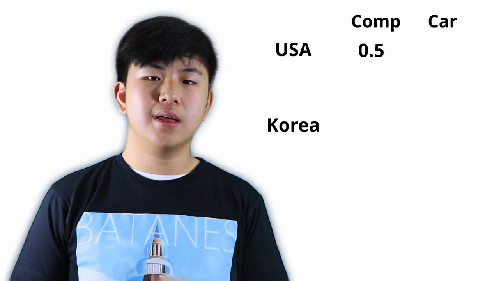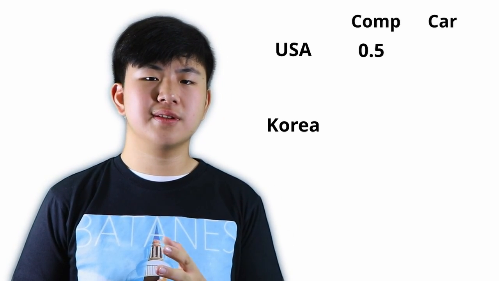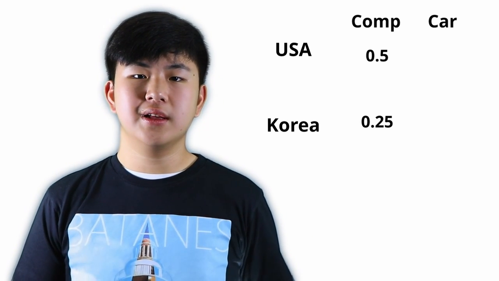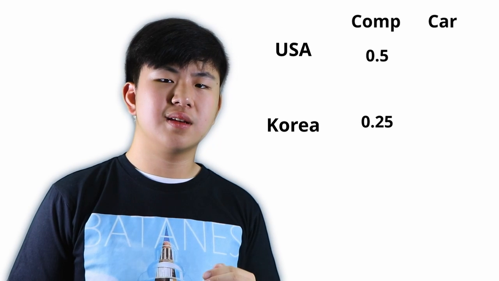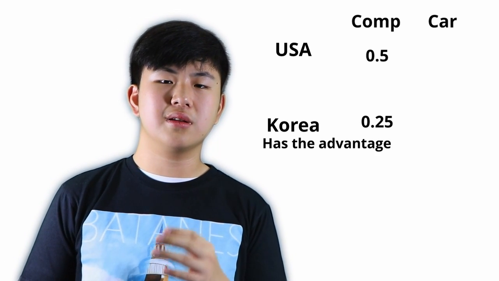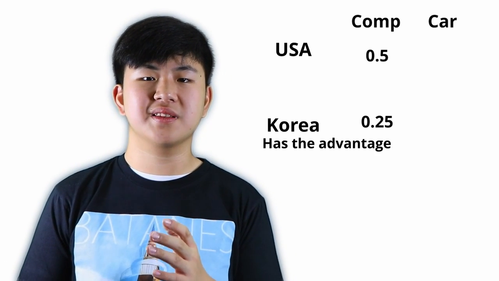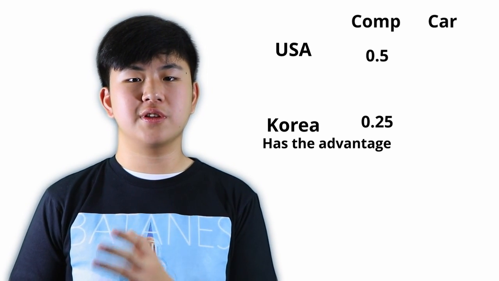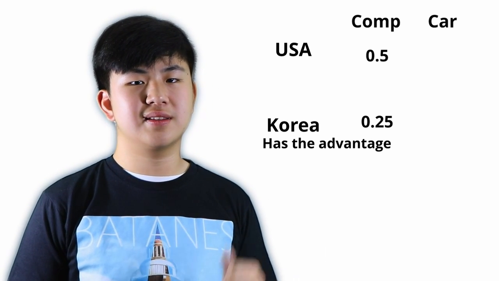So running the calculations, this gives us an opportunity cost of 0.5 in US computers and 0.25 in Korean computers. So in this case, Korea has the comparative advantage over the US when it comes to computers because they lose out on less when they produce computers than the US does.